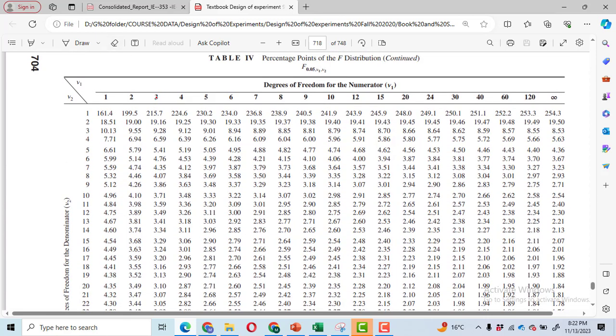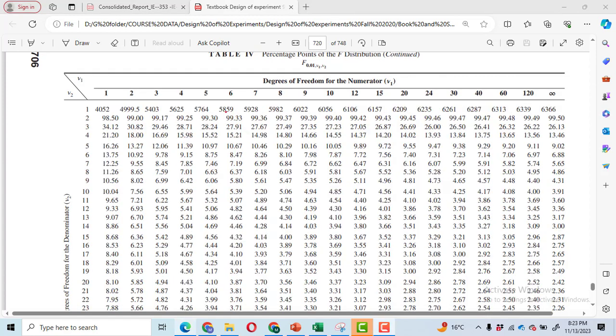So we have 3 for the numerator and 20 for the denominator, and we got 3.10 as the F distribution table value. I will also tell you about the F 0.01 value. You can see it here, F 0.01, then 3 and then 20. This is equal to 4.94. I am going to highlight it so that it will be easy for you. So this is the F table value.